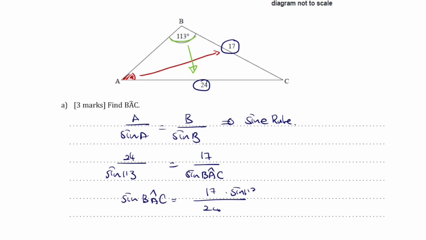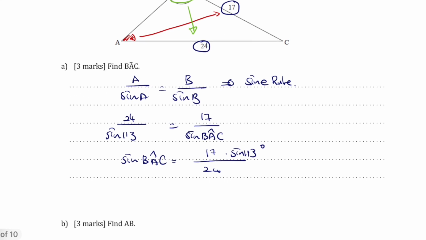Then using the calculator, we know that sine BAC is equal to approximately 0.6504. The key is using all the numbers, right? Then we can do the inverse sine.